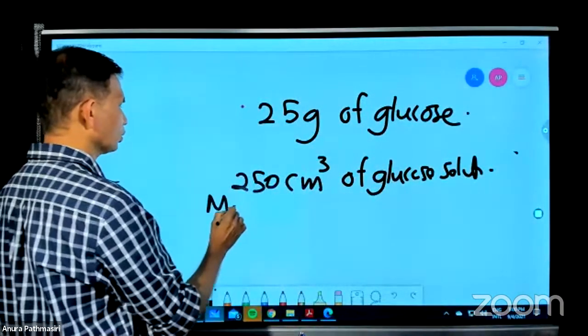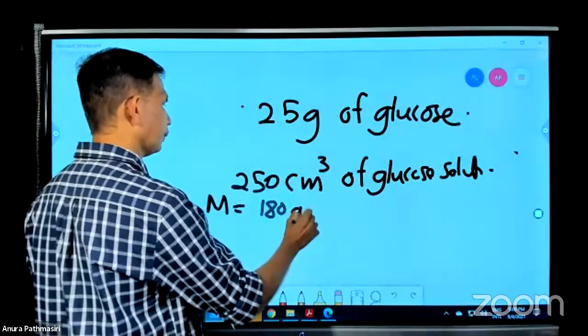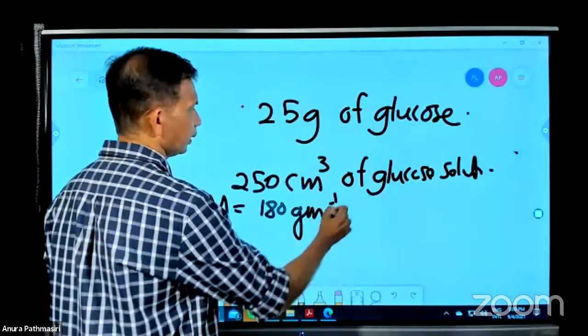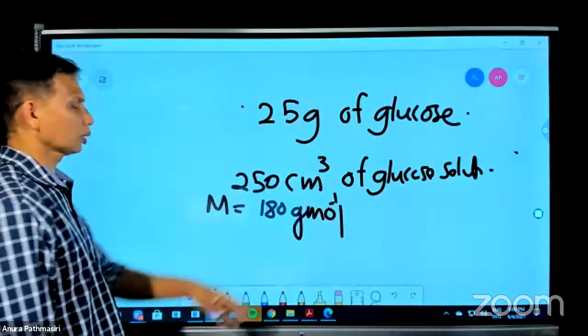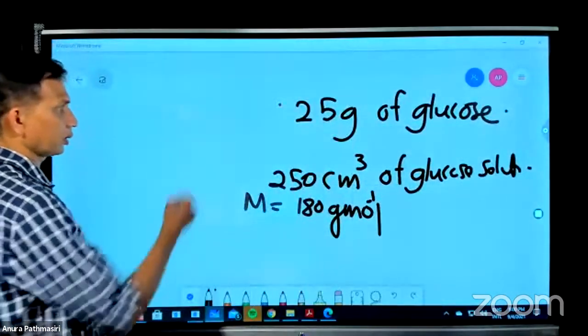If molar mass of glucose is 180 gram per mole, find the concentration. Then how are you going to find the concentration?